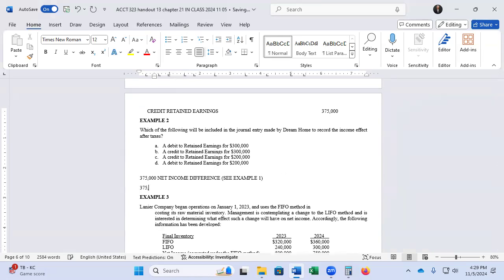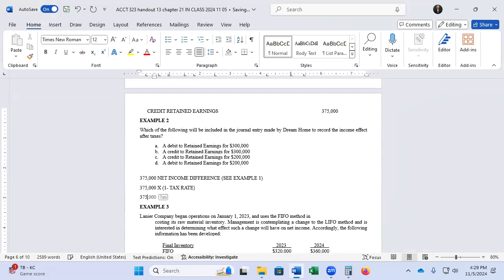We take the 375 and multiply it by one minus the tax rate, which equals 375,000 times 1 minus 0.2. And so that equals 300,000. And so the answer is B, a credit to retained earnings for 300,000.